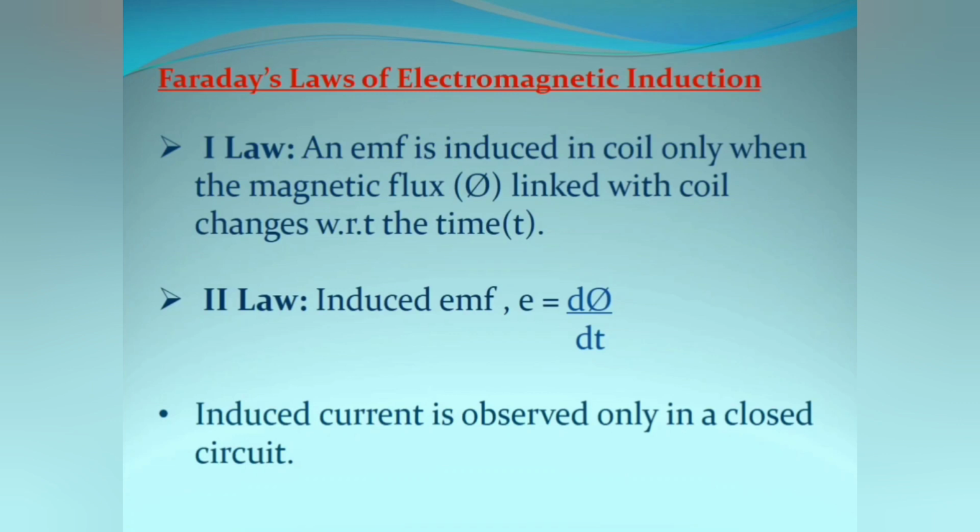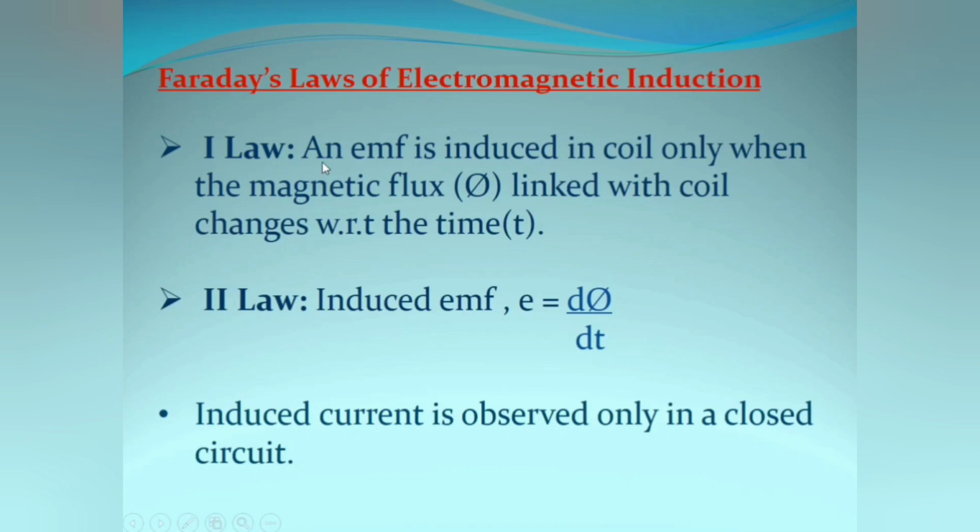Initially, the scientists Faraday and Henry demonstrated 3 experiments. That is current induced by magnet, current induced by current and current induced by changing current. From these 3 experiments, we have 2 conclusions and those 2 conclusions are called Faraday's laws of electromagnetic induction.